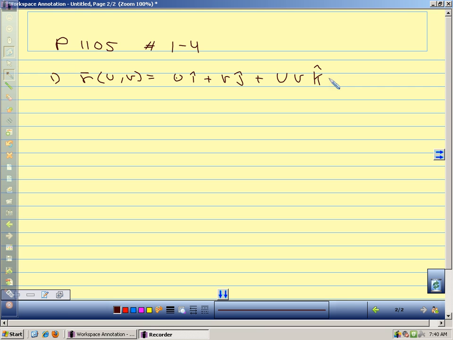Our first one, we have r of u and v is ui plus vj plus uvk, and we want to match the equation with its graph. My advice is we want to try to eliminate a parameter, so we want to find a relationship between x, y, and z.